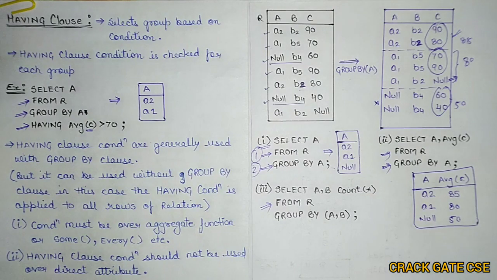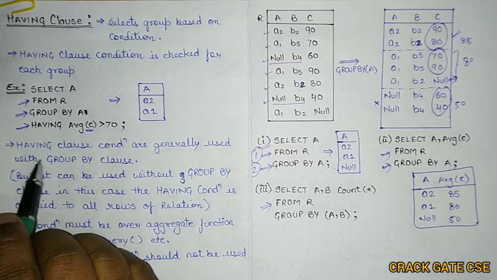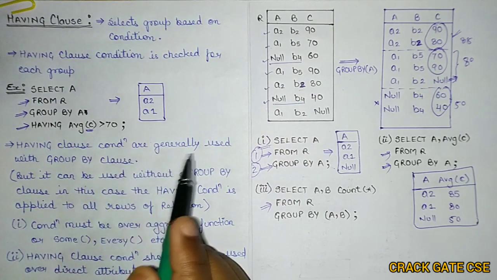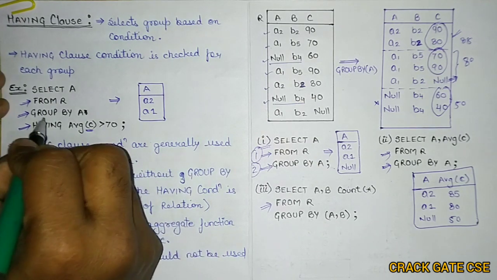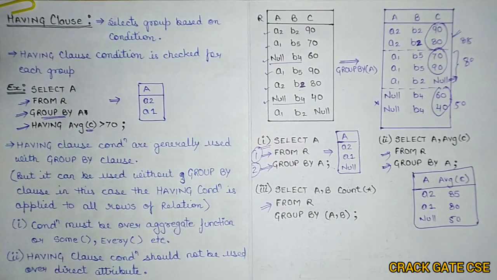Now let's go with some important points. Having clause conditions are generally used with group by clause, because we generally apply this having condition on groups. As per the standard definition of SQL, the having clause is to be used with the group by clause only.